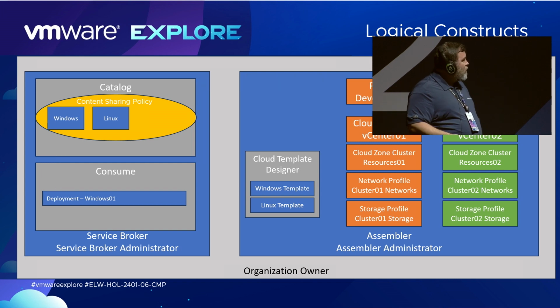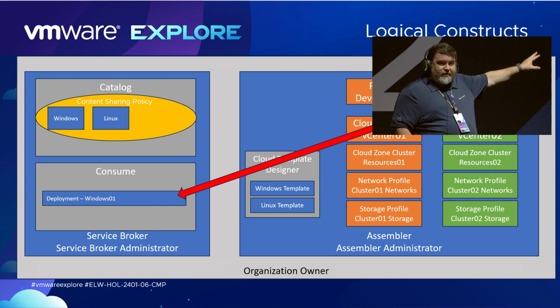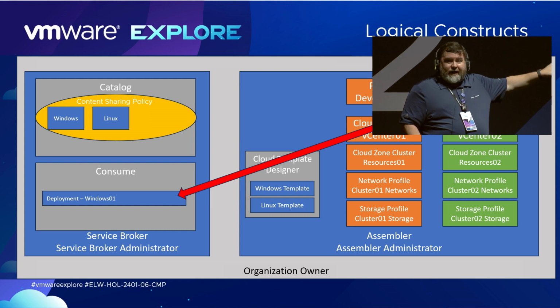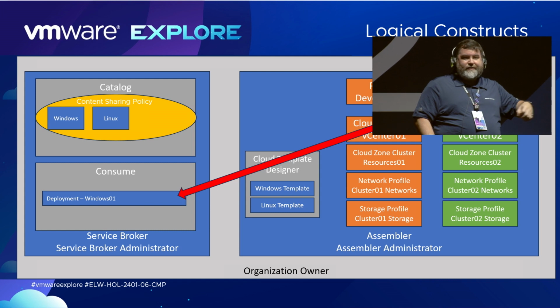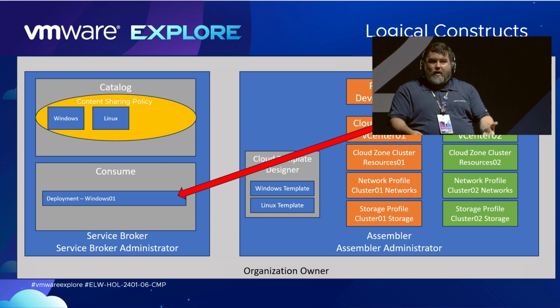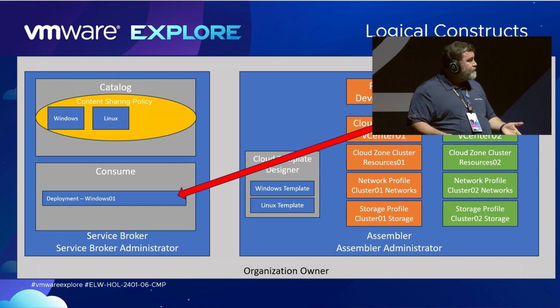So once a workload has been deployed, the production team, still through the service broker as a service broker user, can manage that workload. And they can then do all the day two actions, power on, power off, resize, all the wonderful things that you are giving them available actions to do.